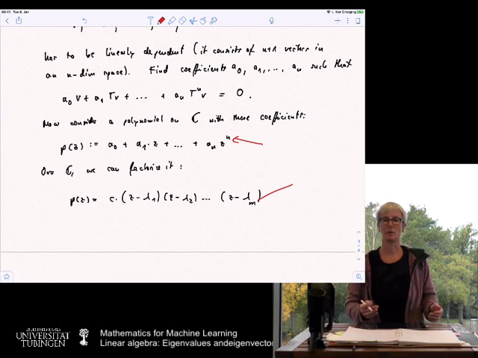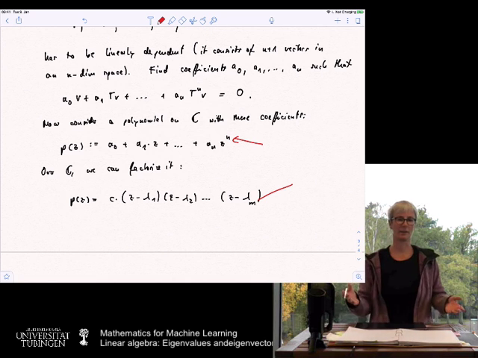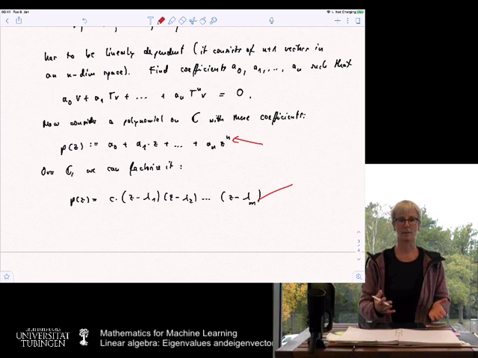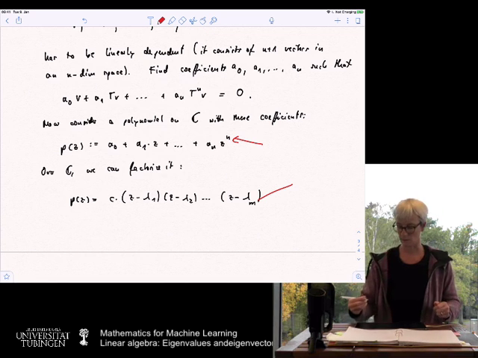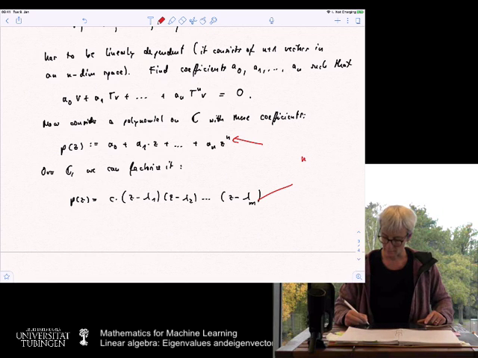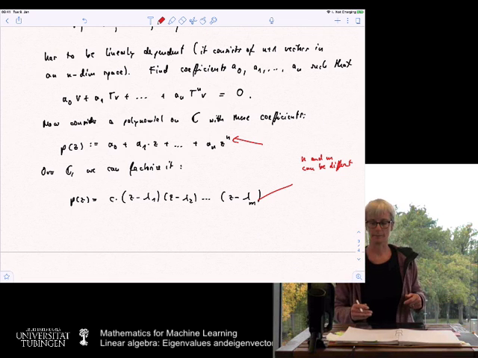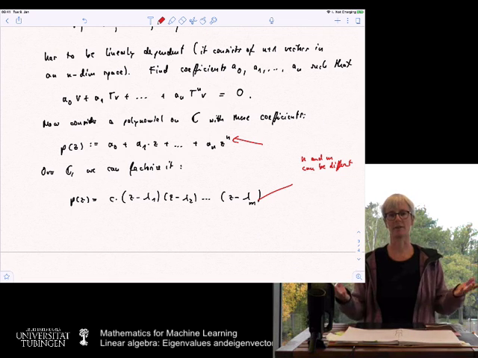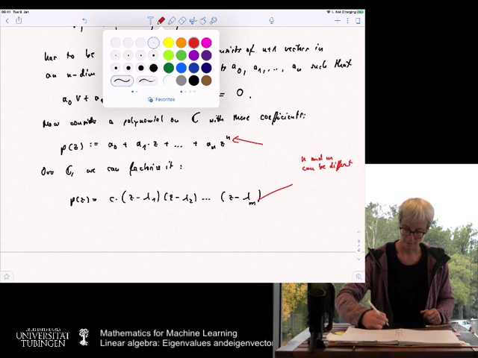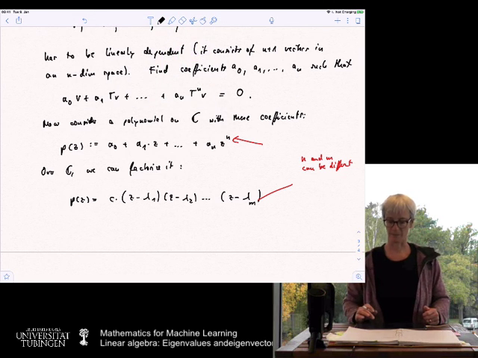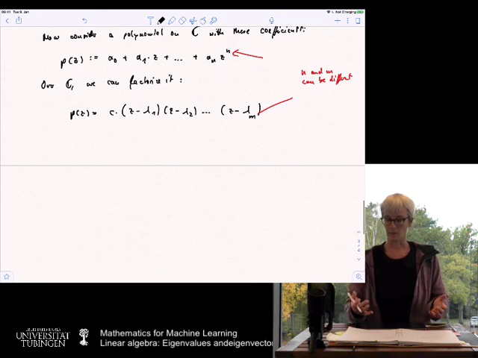Then the polynomial would be of lower degree, and then m and n do not necessarily match. So n and m can be different. Of course, m needs to be smaller or equal to n, but it could be strictly smaller. This doesn't really matter, it is just a side remark, because I made the mistake of writing n instead of m.